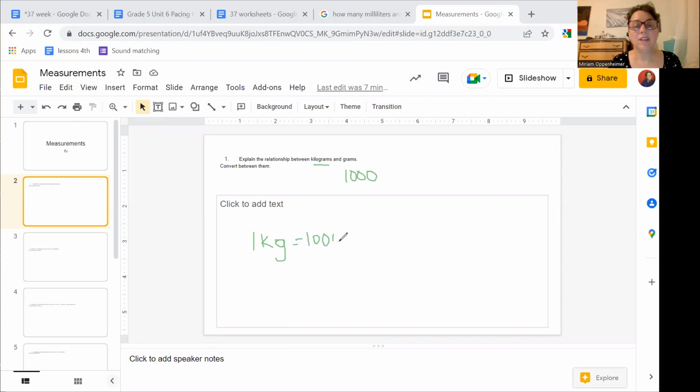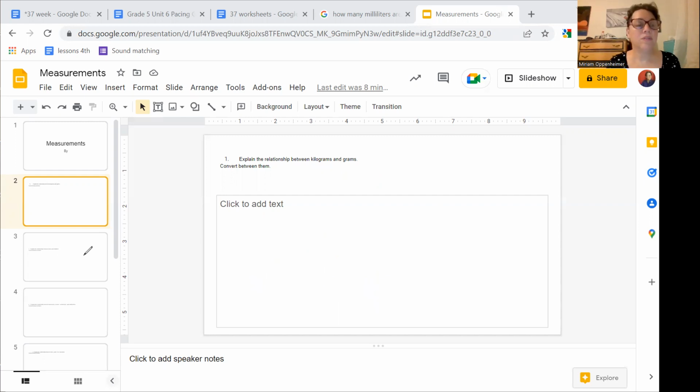And if you want to be really fancy, you might say like 4 kilograms is what? How many grams? Make sure you put the G, is 4,000 grams, right? So something like that is what I'm looking for, okay? You could use a different number to be original. That would be great, okay?